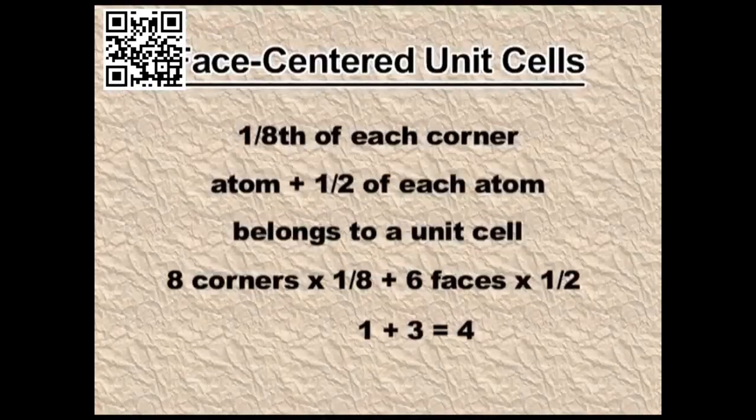So 6 faces, half contribution, 6 into 1/2 is equal to 3. So 3 contribution by the atoms at the faces and 1 contribution by the atoms at the corners. 3 plus 1 is equal to 4. So in the FCC type of unit cell, there are 4 atoms per unit cell.